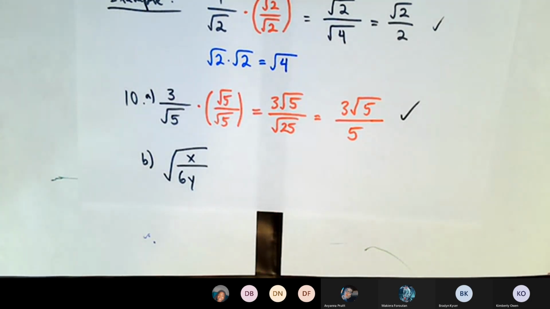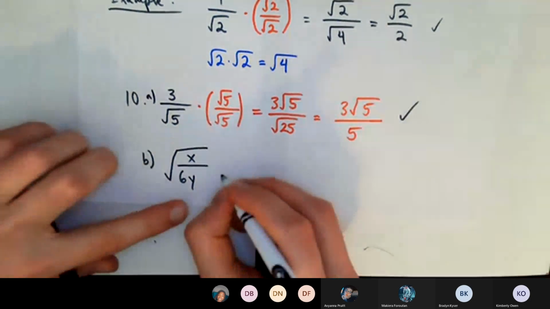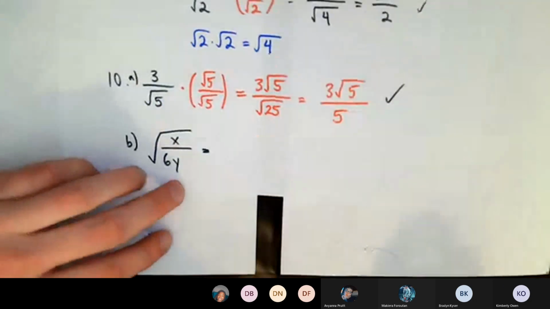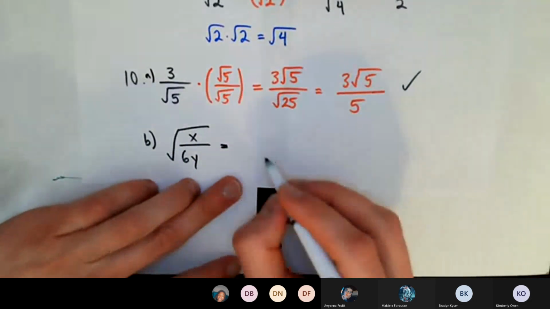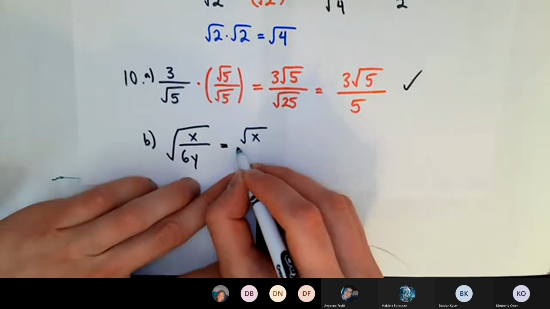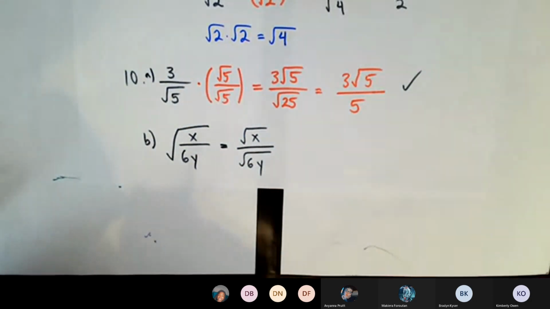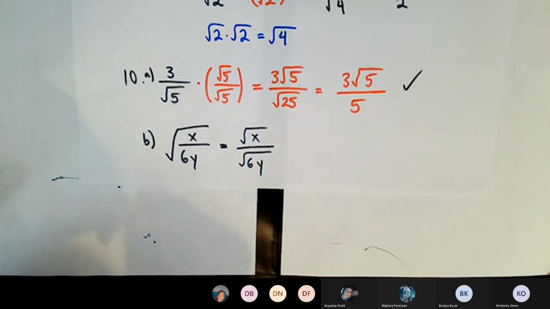What can I do with this? Well, I can say that this is the same as square root of x over square root of 6y. So splitting it apart first. That's the first step there.